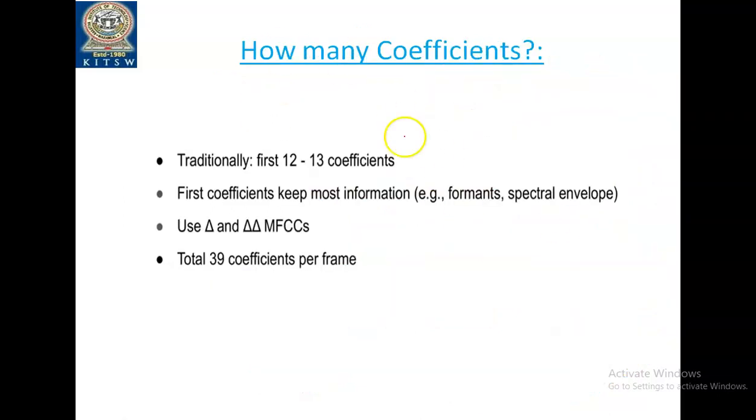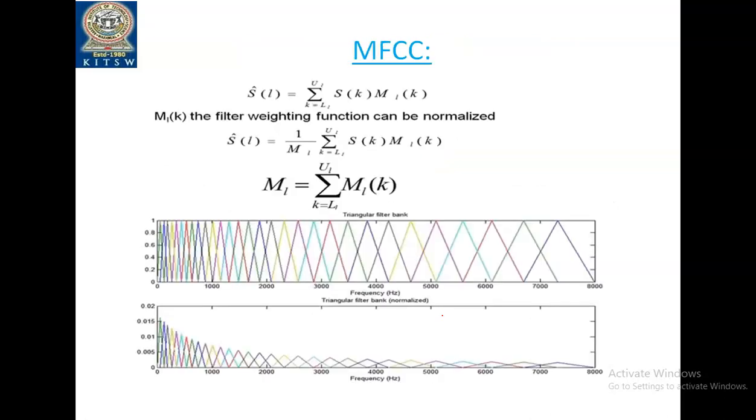Traditionally, first we consider the 12 to 13 coefficients. The first coefficients give most information, for example the formant and spectral envelope. And use delta and double delta MFCCs, total 39 coefficients per frame. That is what I explained in the previous slide.